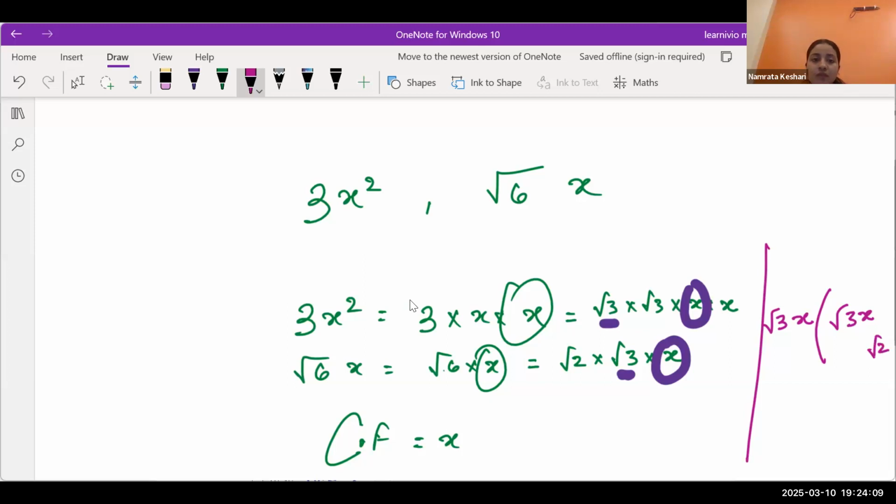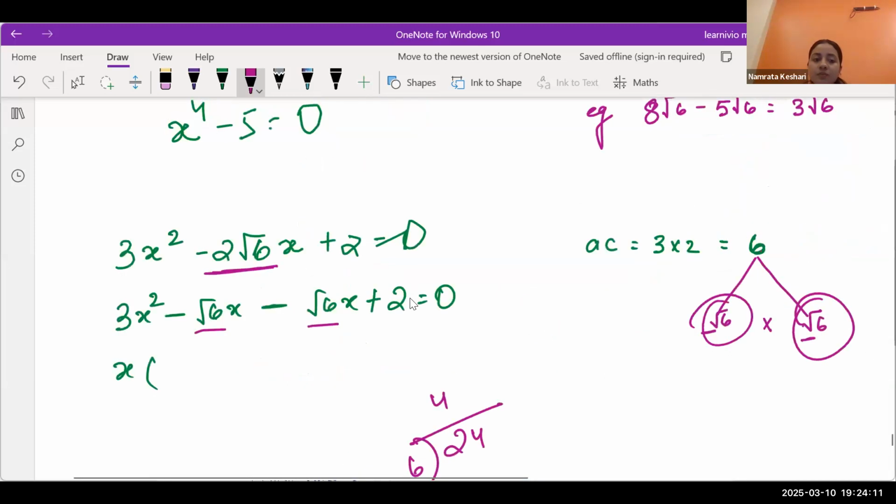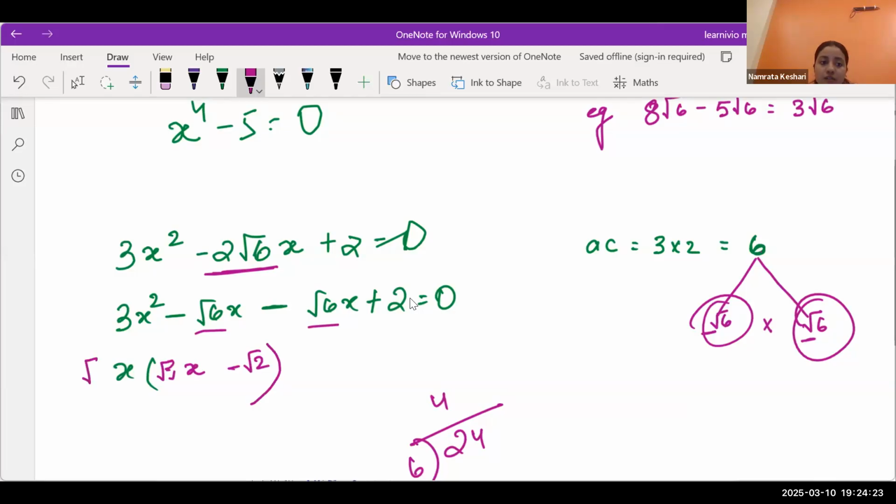Is it crystal clear? Yes, ma'am. This is √3x over here, and here -√2, here √3 is common factor. Getting it, Ryan?